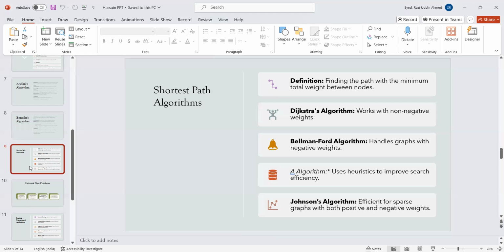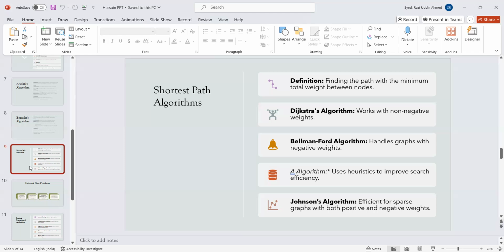The A* algorithm is an extension of Dijkstra's algorithm that uses heuristics to improve search efficiency. It starts from the source and uses heuristics to guide the search towards the goal. The heuristic function combines the cost to reach a vertex and an estimate of the cost to the goal.